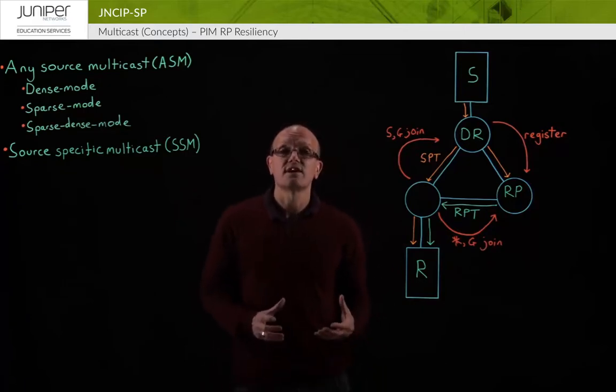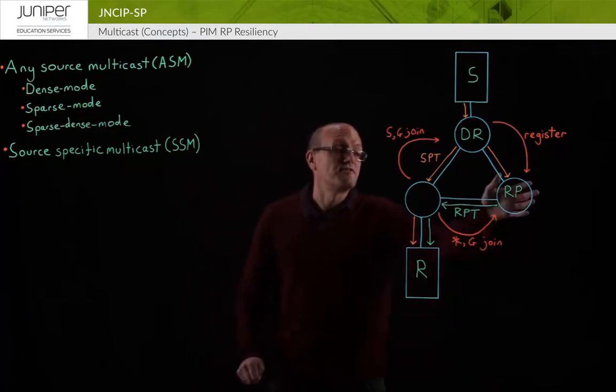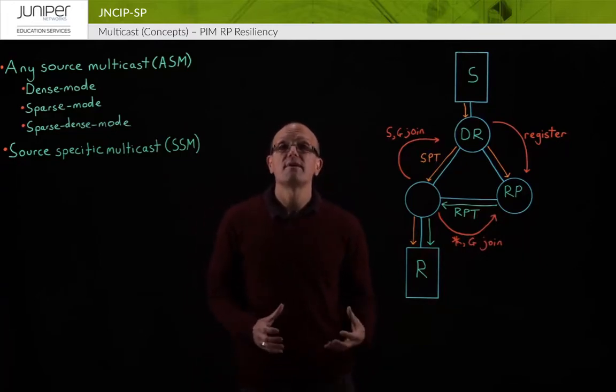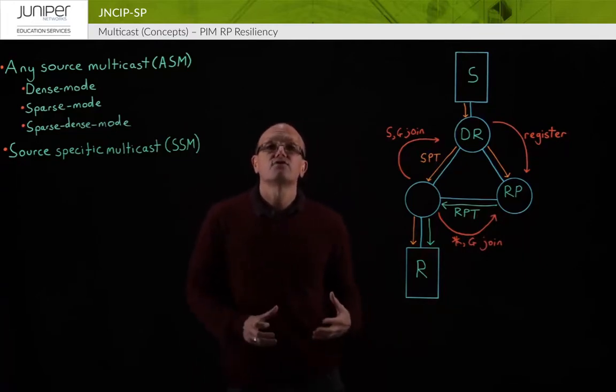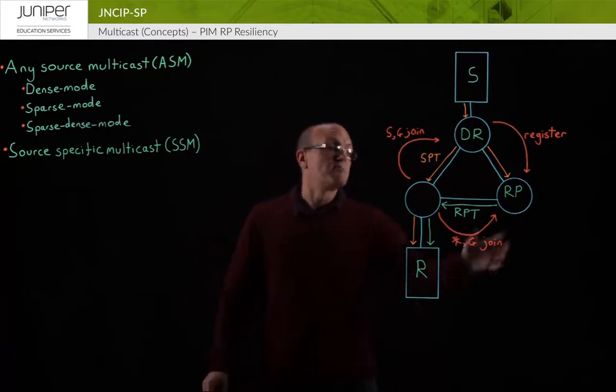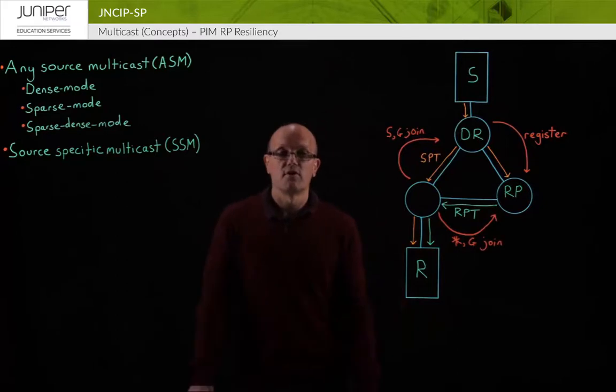So we need to synchronize the state on these different rendezvous points. To do this, we turn to MSDP, Multicast Source Discovery Protocol, and we run MSDP between all of the rendezvous points.